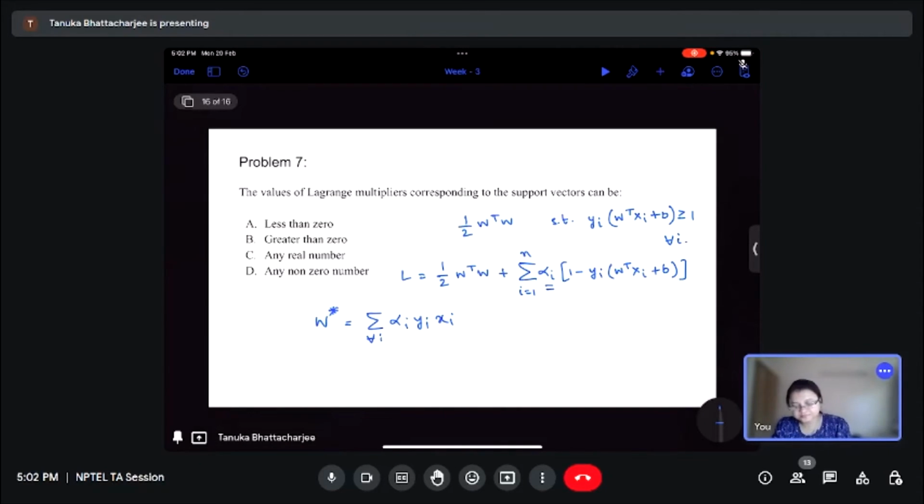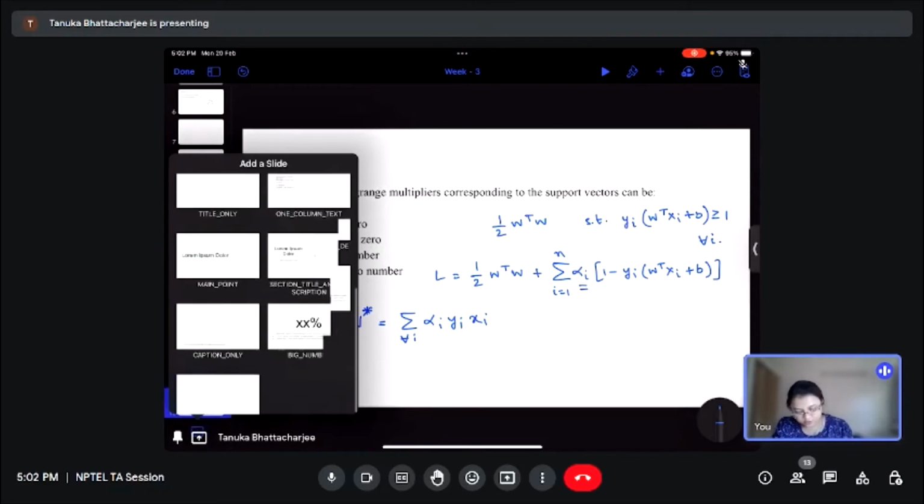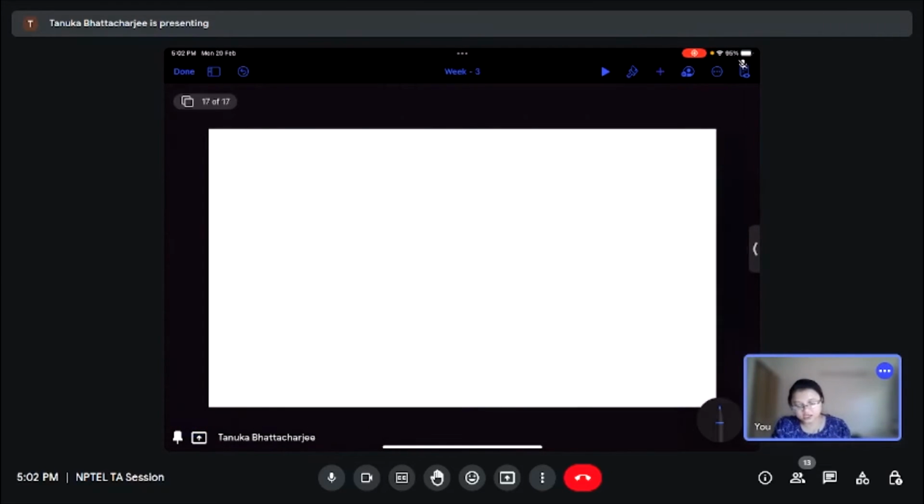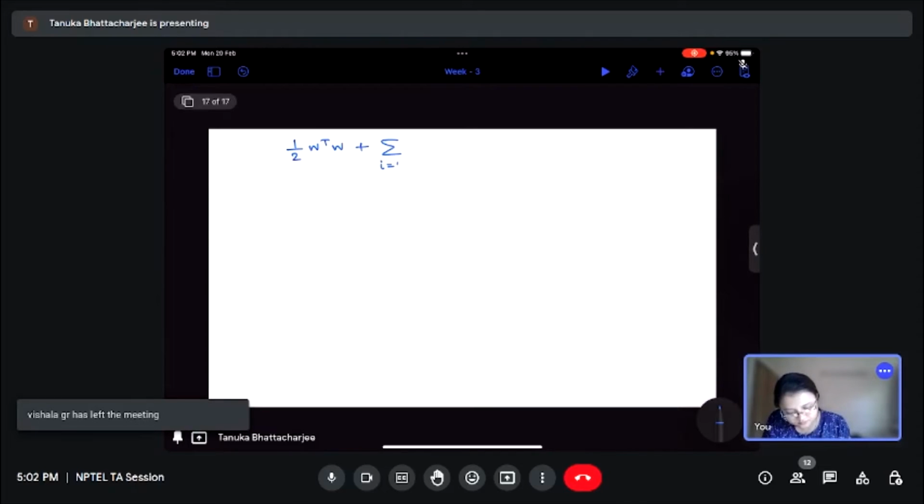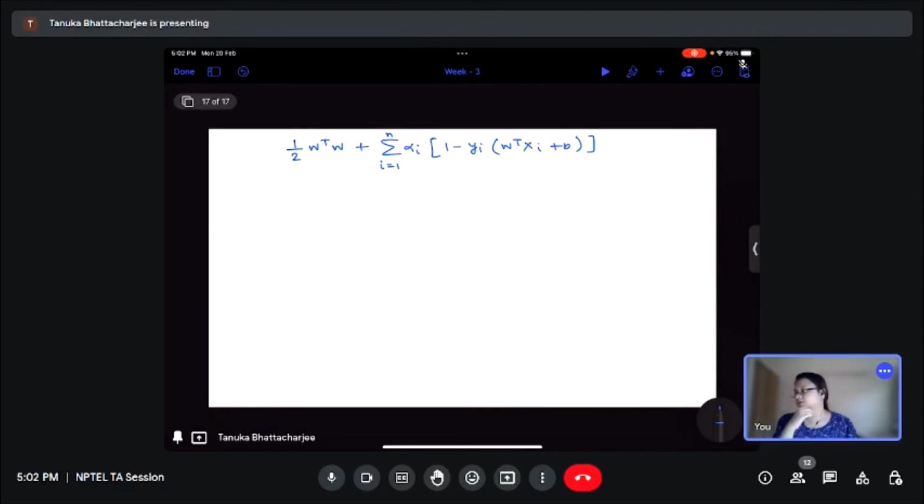Now we can derive this from the optimization point of view. So the optimization function that we had is this. This was the optimization problem.